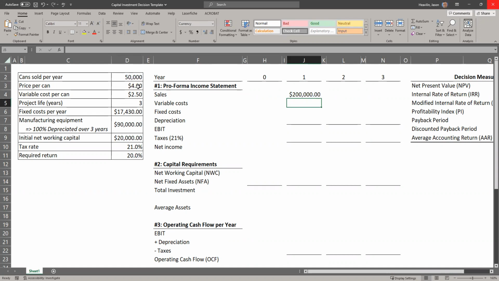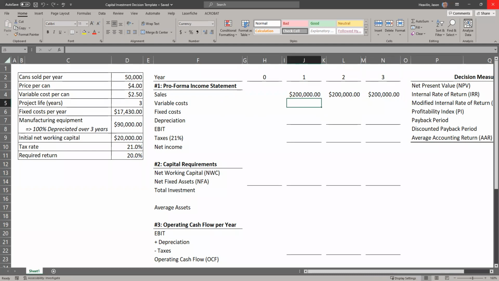Now, in this example, we're not going to have sales growth over time. We're going to assume the same revenue for the next few years. So we can go ahead and just equal it in every year in that sense, since it's not growing sales. Variable cost.